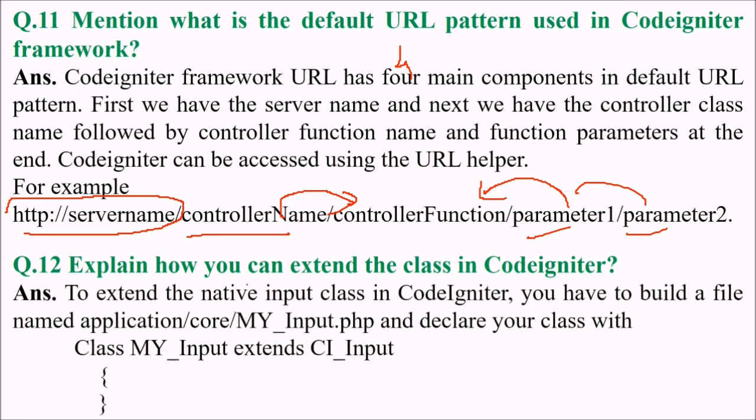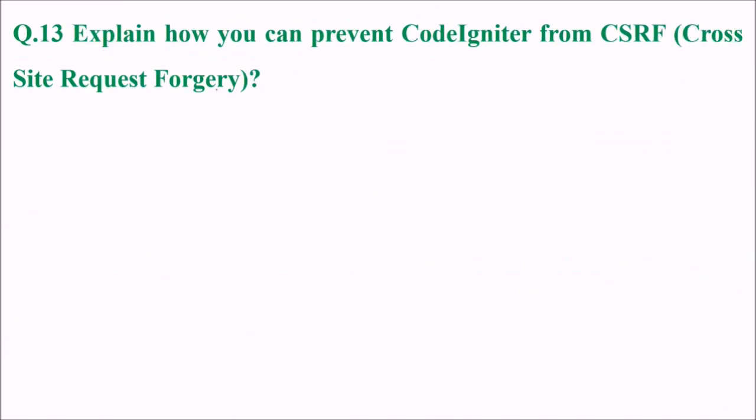In the same way, if you want to extend the native input class in CodeIgniter, you have to build a file in application/core named MY_Input.php, and declare your class like this: class MY_Input extends CI_Input, and that has to be inside your application/core. This is how you extend a class in CodeIgniter.